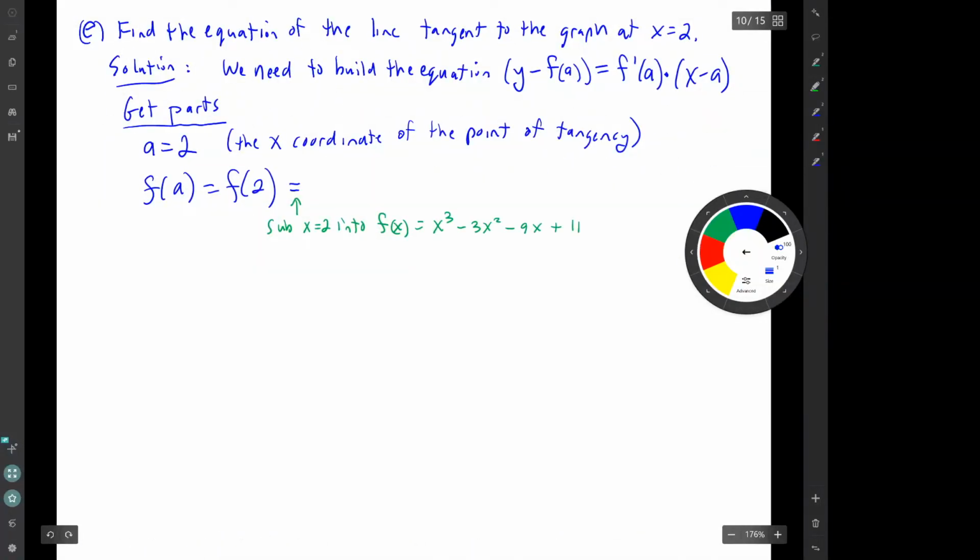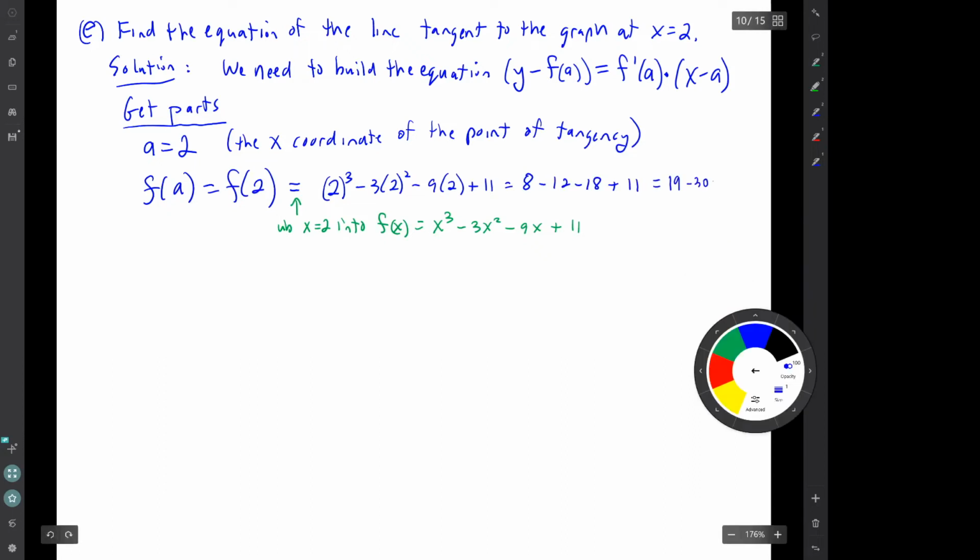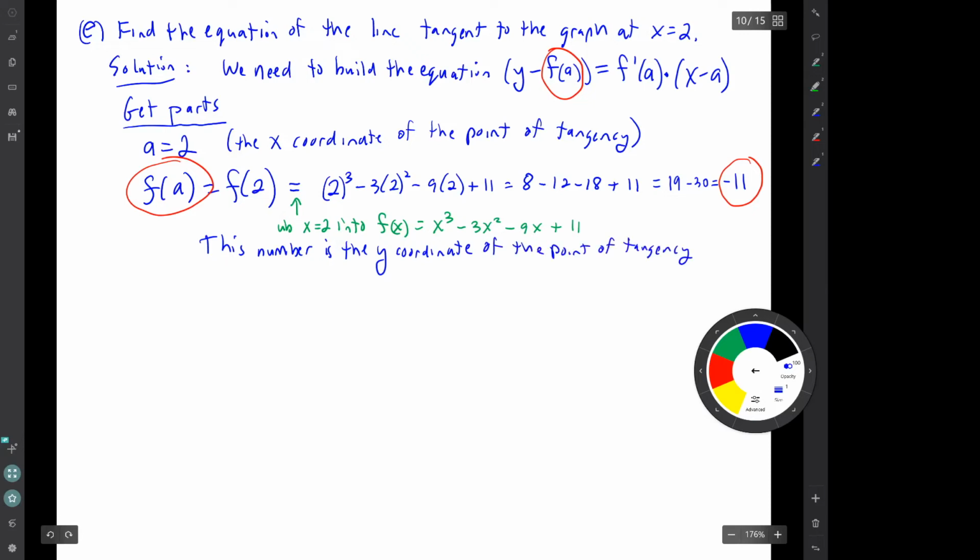So when I substitute x equals 2 into that formula, I get, so our result is that f of a is this number, minus 11. That's going to go into that spot in the equation. And remember what that number means. That number is the y-coordinate of the point of tangency.